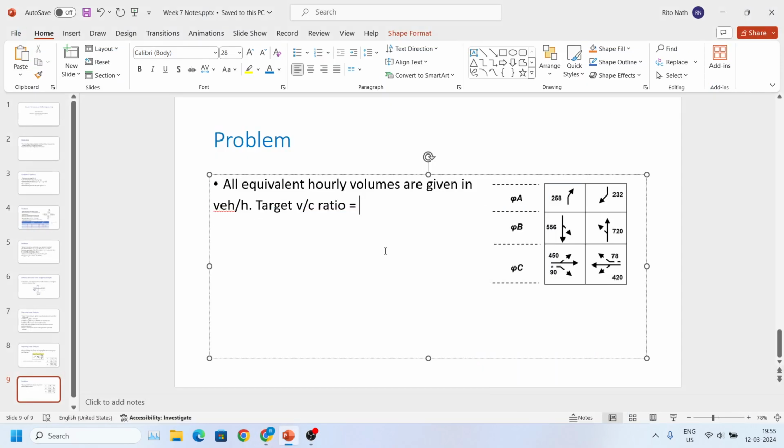Okay, so you were given additional information here. One is the target V/C ratio, which is 0.92, lost time per phase, which is 3 seconds, and then you have summation of these Y values.